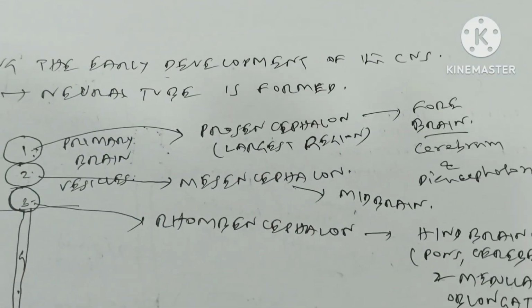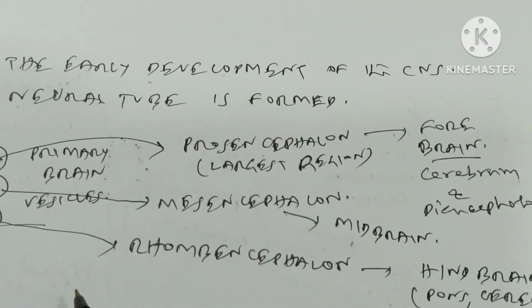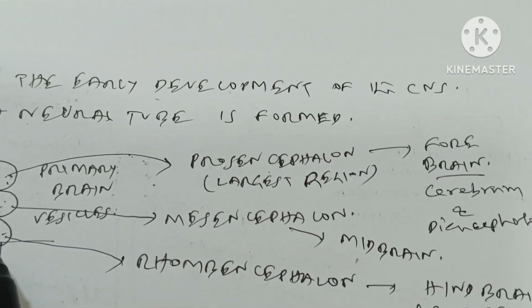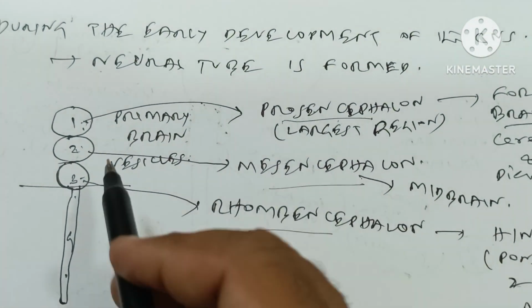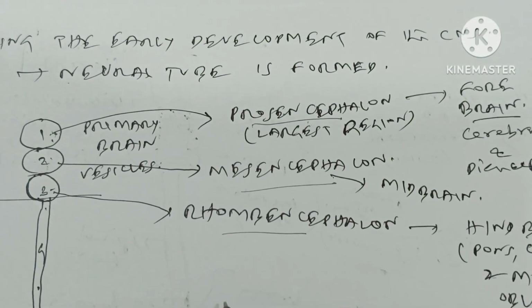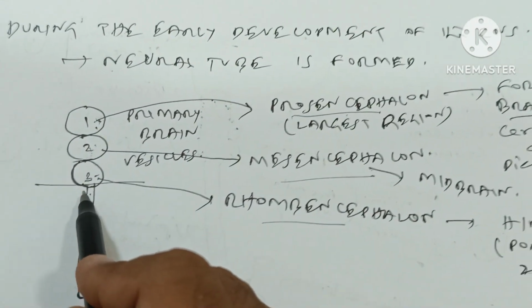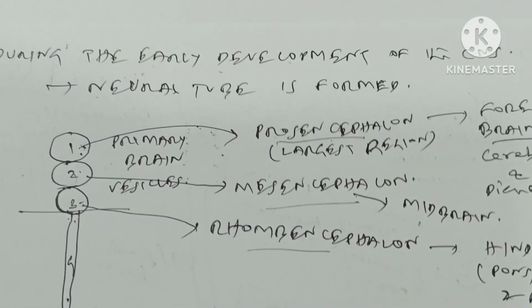Initially, 3 primary brain vesicles are formed: prosencephalon, mesencephalon, and rhombencephalon. Now, with the development of the neural tube, these 3 primary brain vesicles get converted to 5 secondary brain vesicles. How? Let us see.